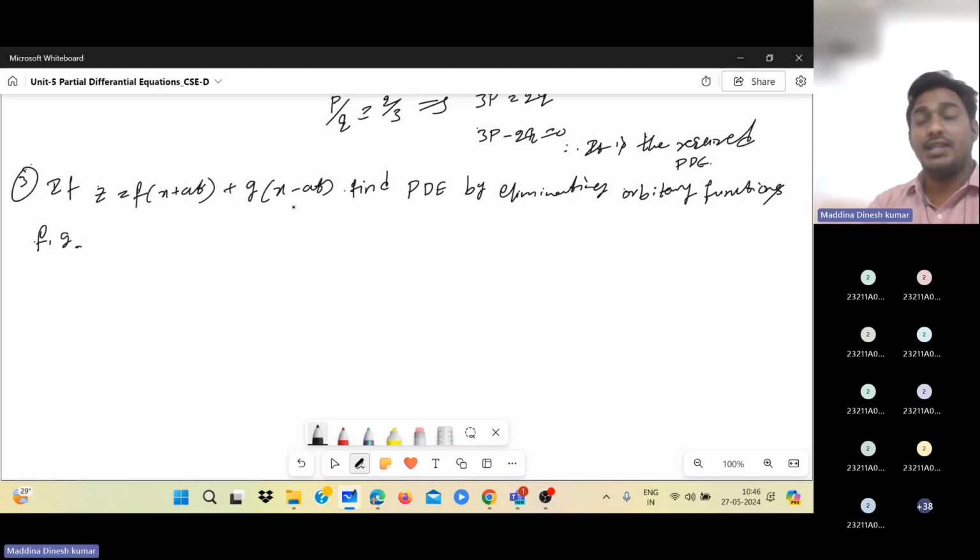So here f and g are the arbitrary functions. So we need to eliminate these two, f and g, by applying the partial differentiation. So in that process, you will get the required PDE.